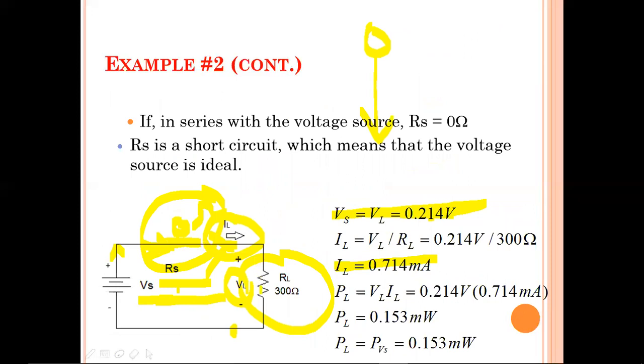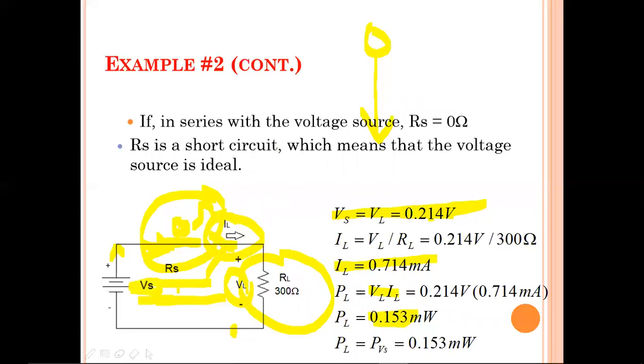So for the finding of power, you need to find only one element, that is 300 ohms. For the 300 ohms, for the finding of power, VLIL. As you know, VLIL is nothing but 0.153. Since there is no internal resistance, PL is equal to PVS.